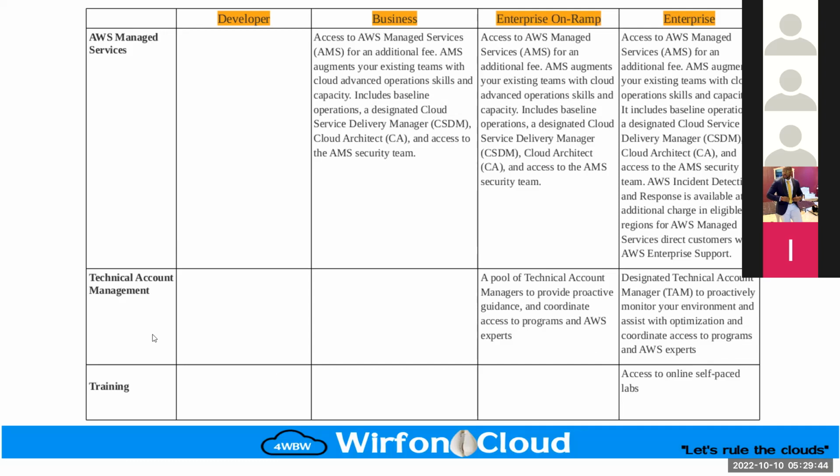What you should pay attention to here is that when you have technical account manager, you should be looking at only two services: the enterprise on RAM and the enterprise. One thing you should understand is that for the enterprise on RAM, you have a pool of technical account managers, a pool of them, right? While for enterprise, you have a designated technical account manager, to proactively monitor your environment and assist with optimization and coordinate access to programs and AWS experts.